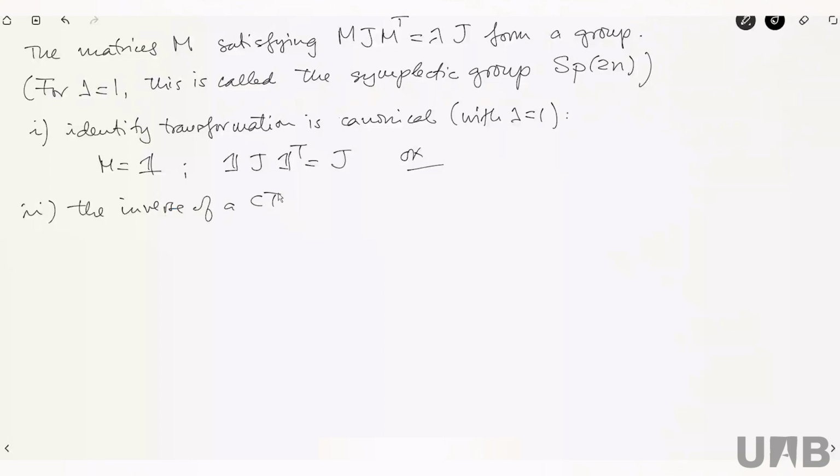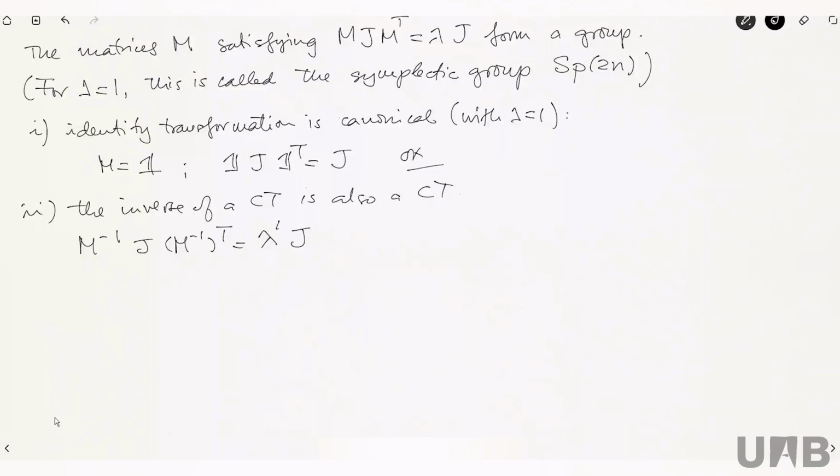of a canonical transformation is also a canonical transformation. That means that M minus 1 times J times M minus 1 transpose will have to be some valence times J. So let's see what this valence is and that this condition is fulfilled.